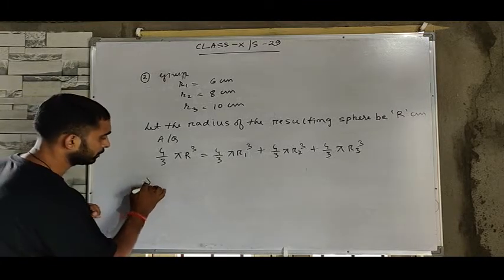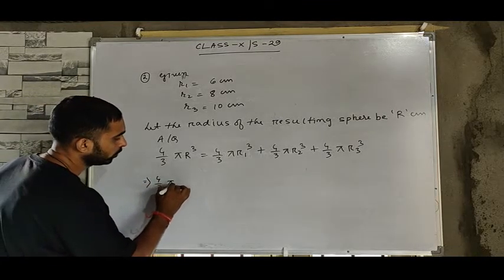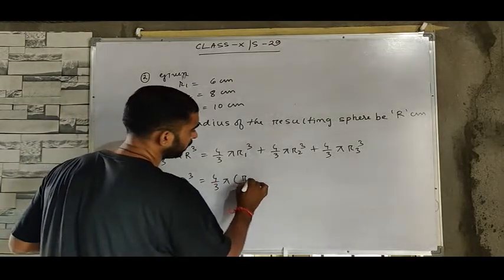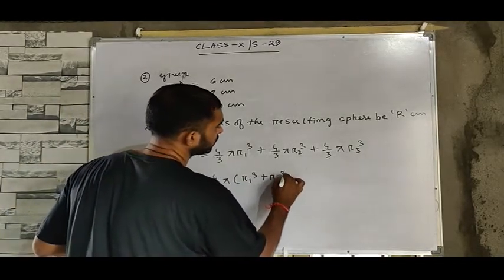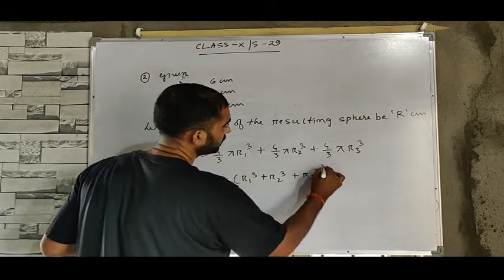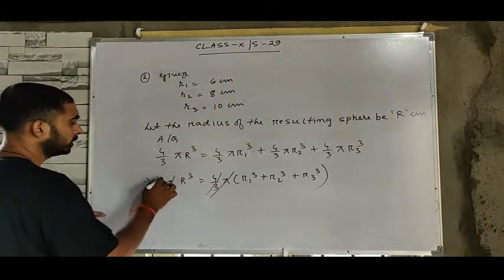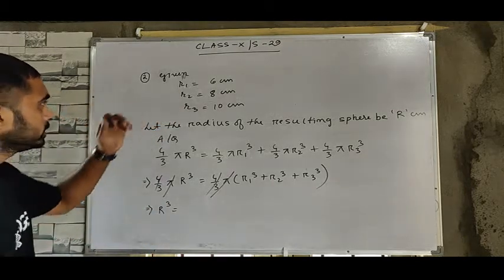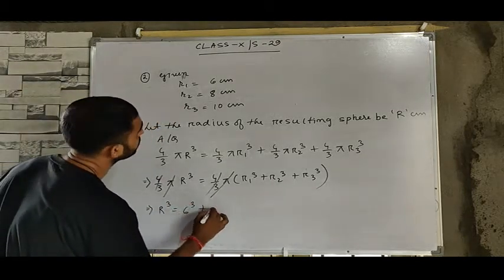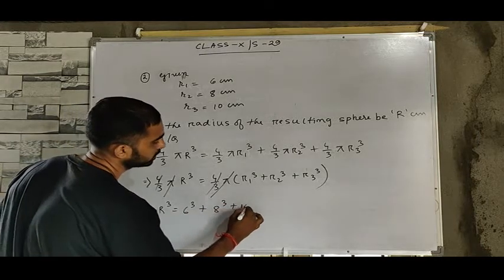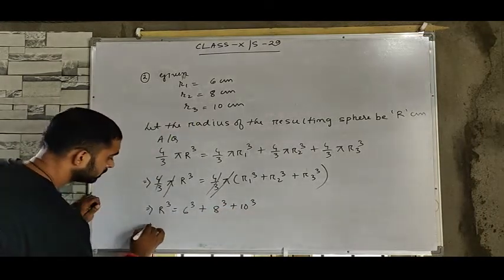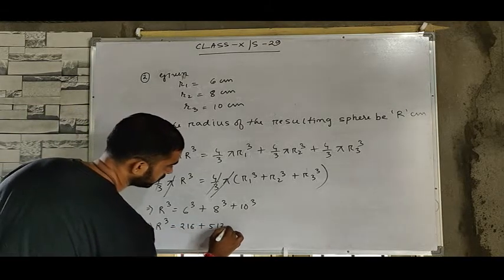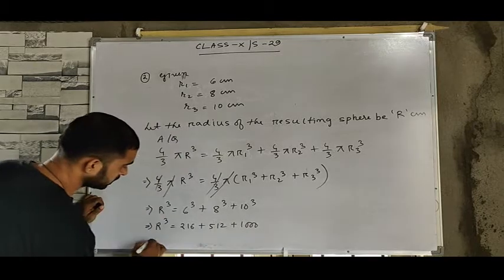On both sides 4/3 pi is common and cancels, leaving R cubed equals R1 cubed plus R2 cubed plus R3 cubed. R1 is 6, then 8, then 10: 216, 512, 1000.